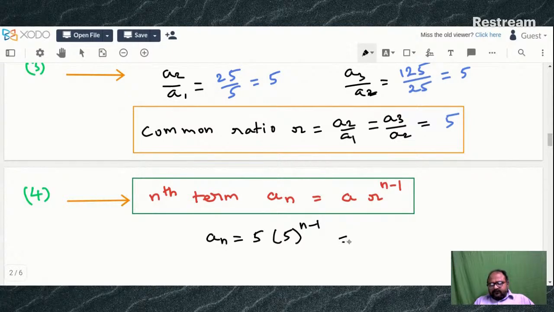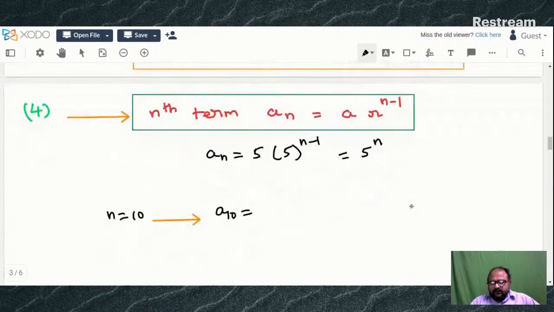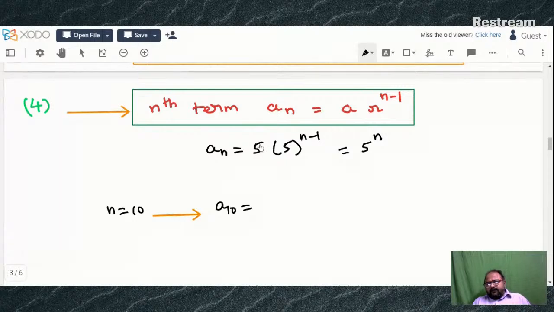So from this you can write 5 to the power of n. So nth term is 5 to the power of n. So what is the 10th term? A10 is 5 to the power of 10. So this is how you can find the solution for the given problem.